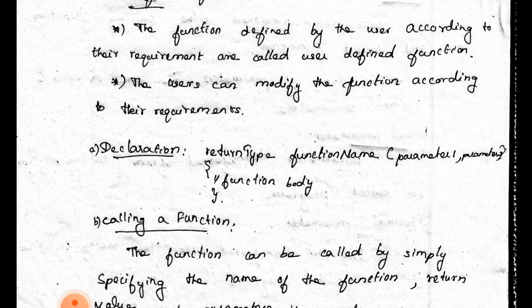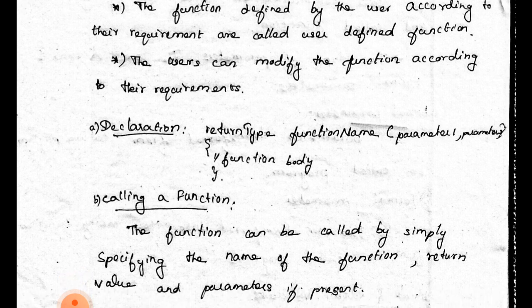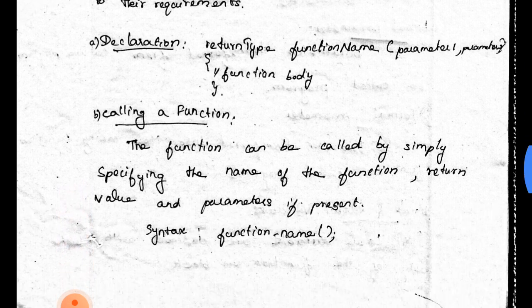For that the syntax is return type, function name, parameter 1, parameter 2, then function body, then calling a function. Calling a function means if we write the function, we call it by its name with parameters.